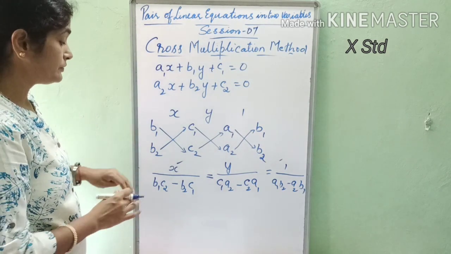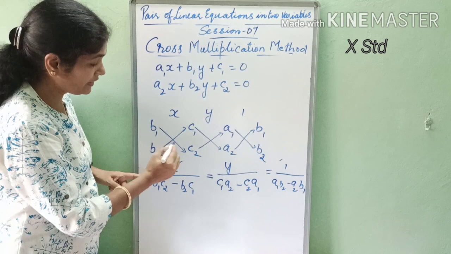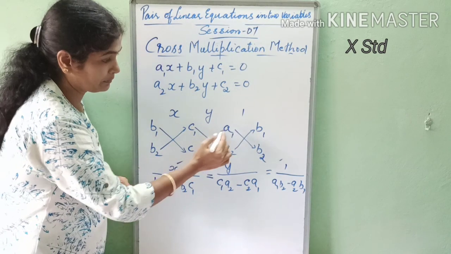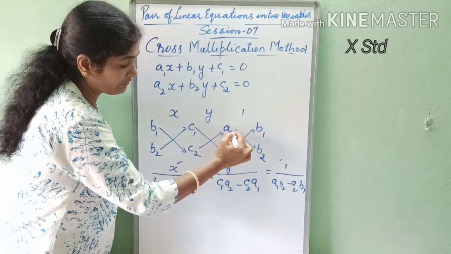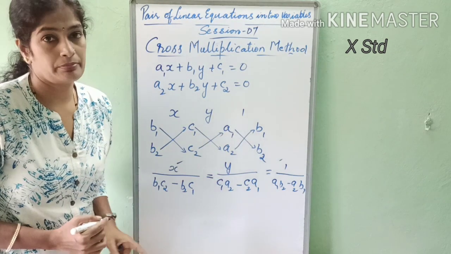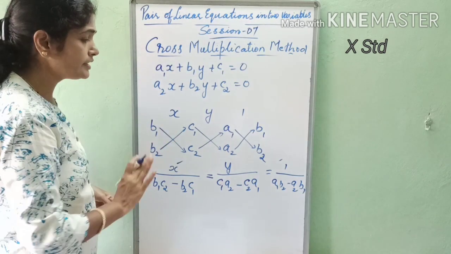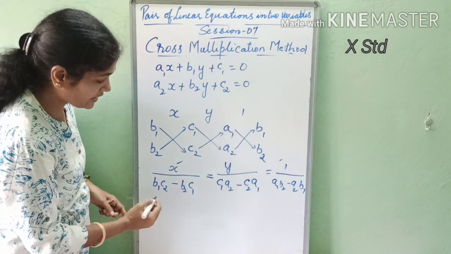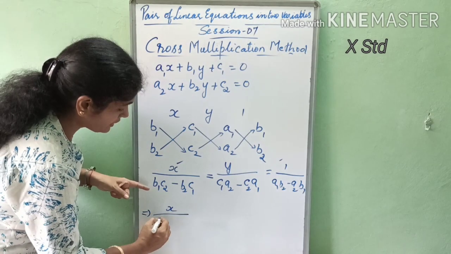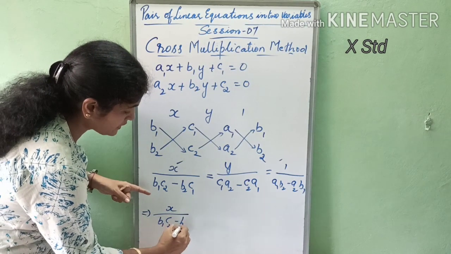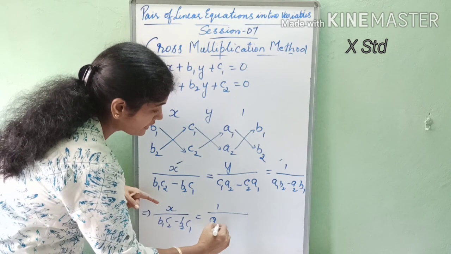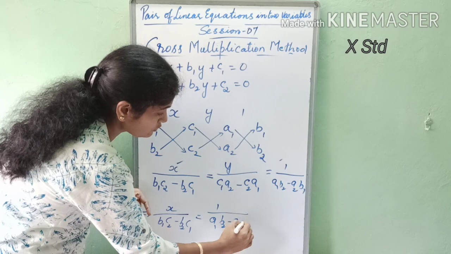Fine. Then after that, x divided by cross multiplying these two, y divided by again cross multiplying the product of them, 1 divided by the product of a1 b2 minus a2 b1. Okay. This way we will write, and further we can simplify, that is like we can equate, which implies x divided by b1 c2 minus b2 c1 is equal to 1 divided by a1 b2 minus a2 b1.